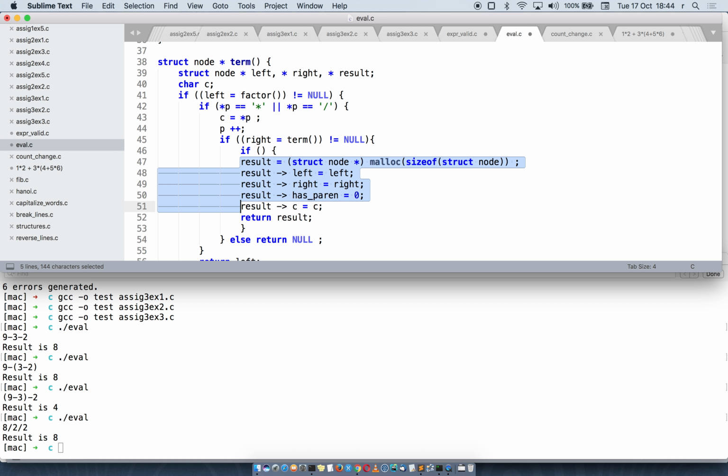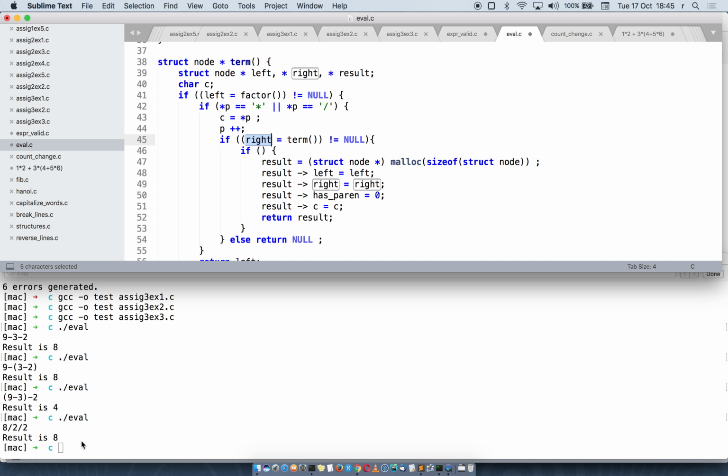Only when I have a bracket in right, right? So if I have a bracket in right, then this can stay unchanged.